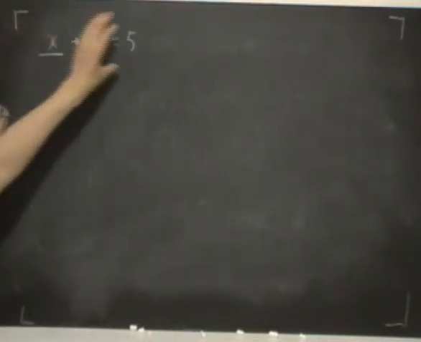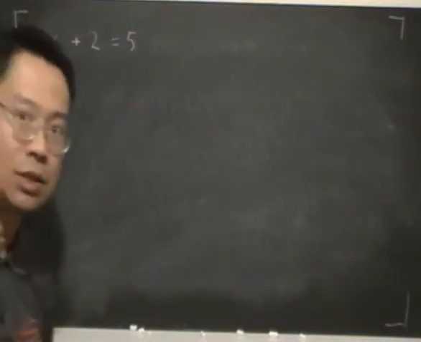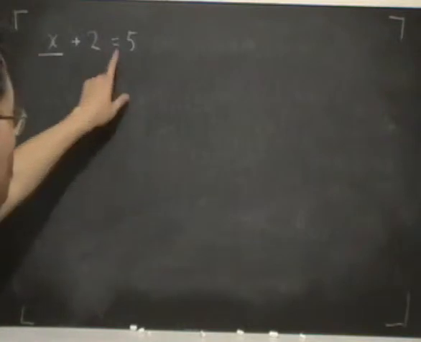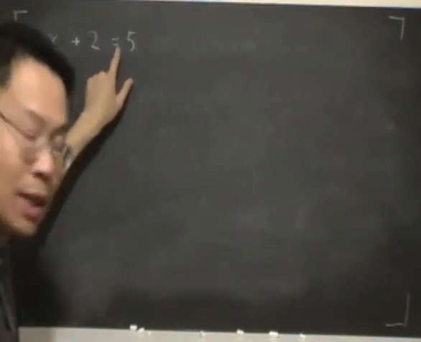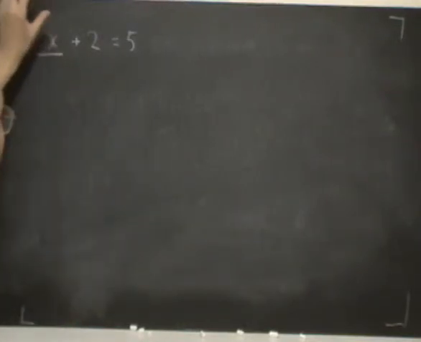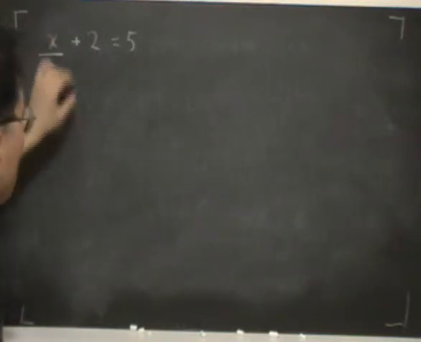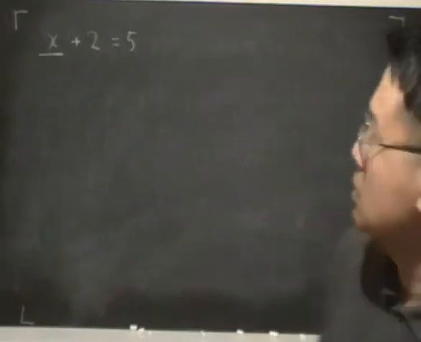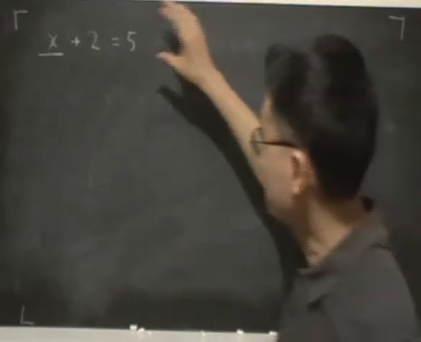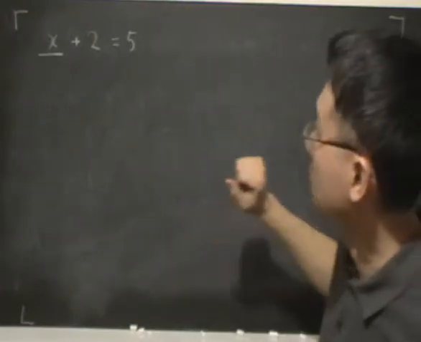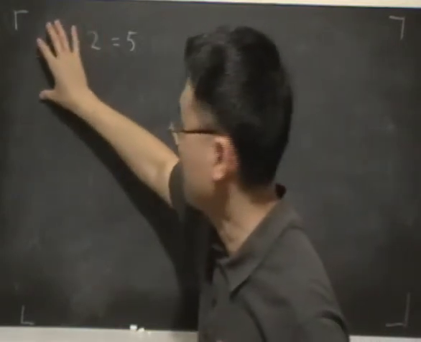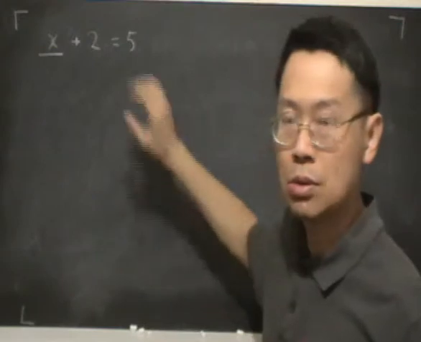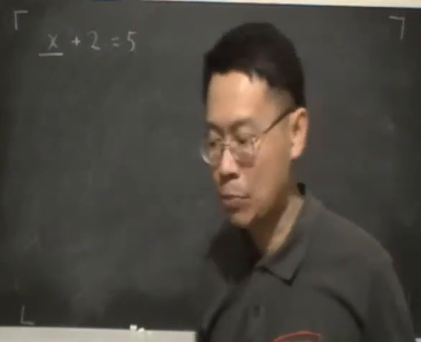And this thing here is called an equation in algebra, where we have an equal sign, and we have an algebraic expression on one or on both sides. So this is a statement in algebra which tells us that one expression on the left side is equal to another expression or number on the right side.